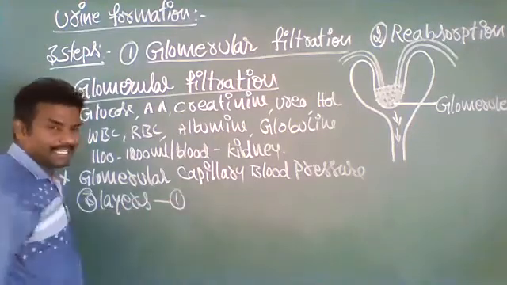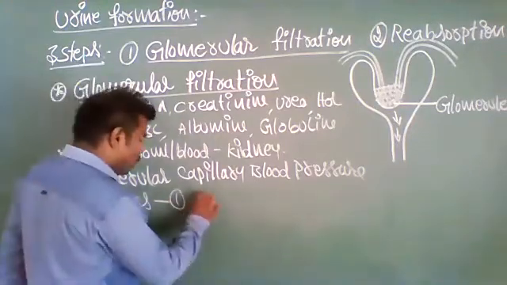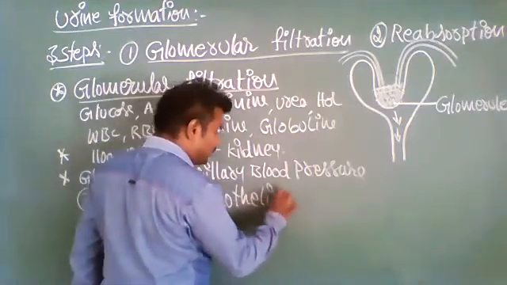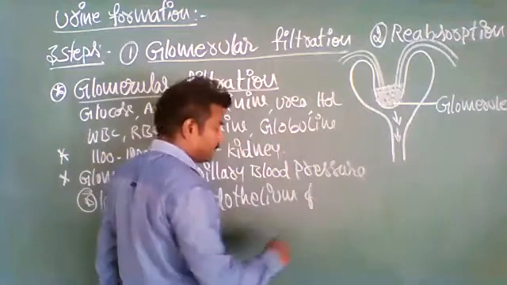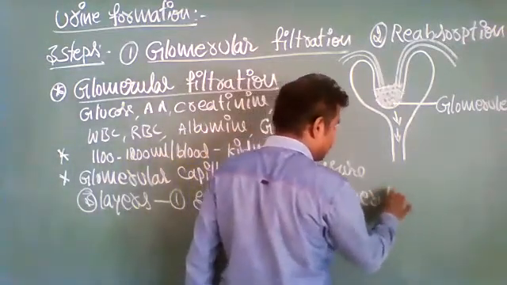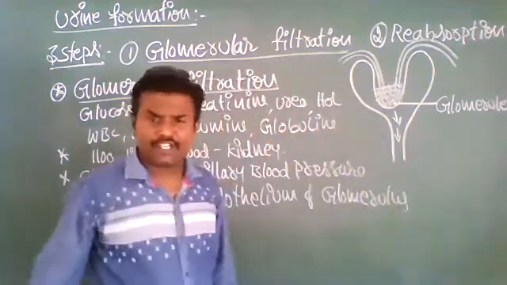That is, first one is the endothelium of the glomerulus.